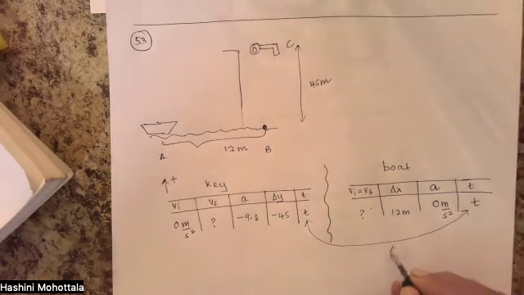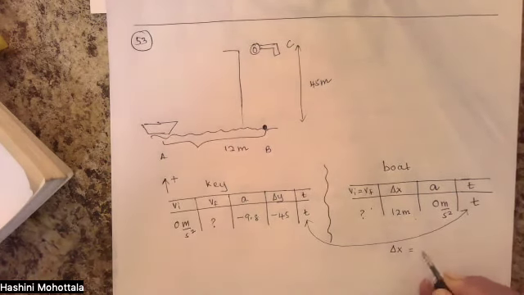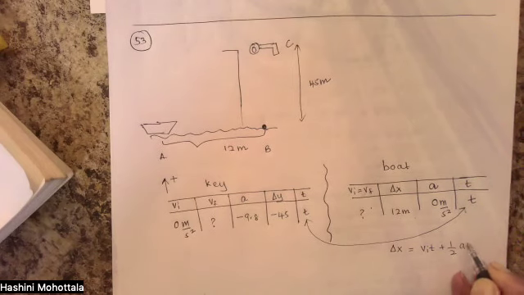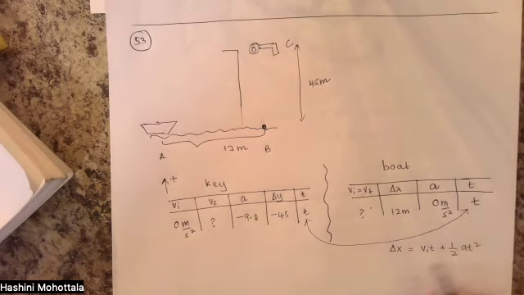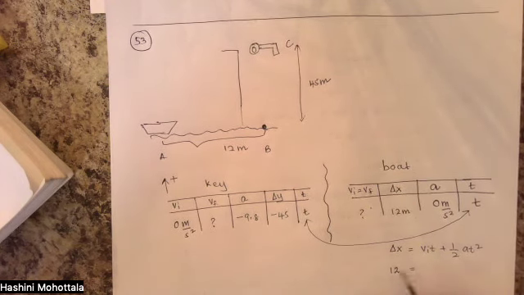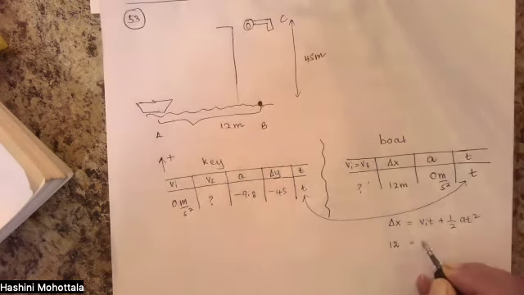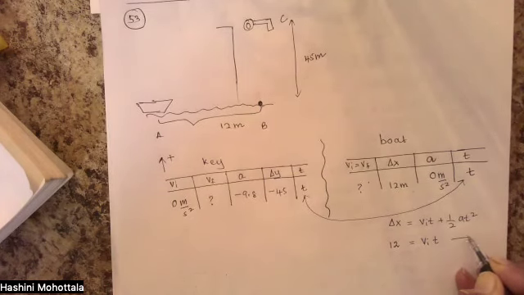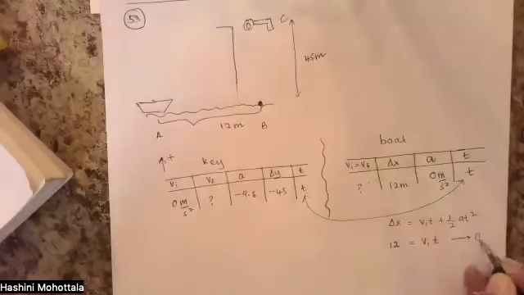So I'm going to write the delta x equation, V_i t plus 1/2 a t squared. A is 0, easy, that term goes away. So here I have 12 equals V initial times t. That is my first equation.